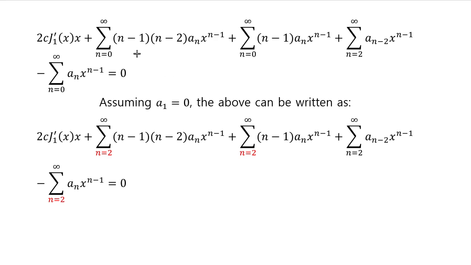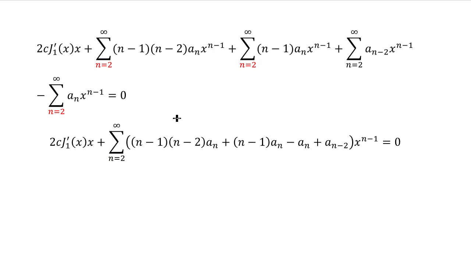So really, these sums that start from 0 can be considered to start at 2, because the first two cases, when n is 0 and n is equal to 1, produce null results. So we can replace n equals 0 by n equals 2. And that's nice because now that they have the exact same sigmas, I can put them into a single sigma.